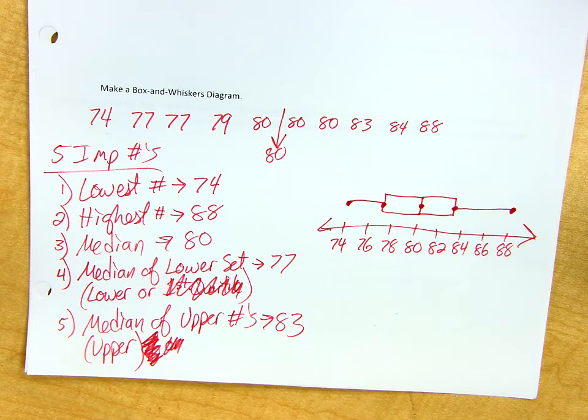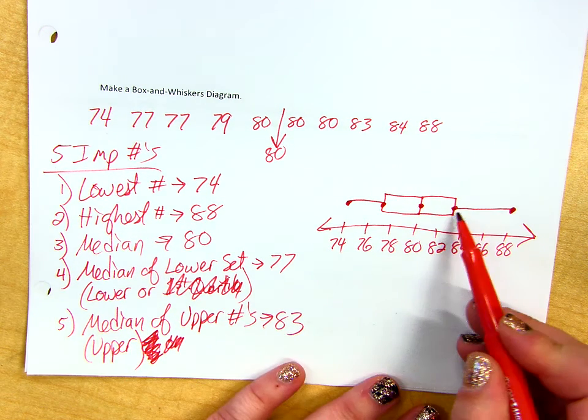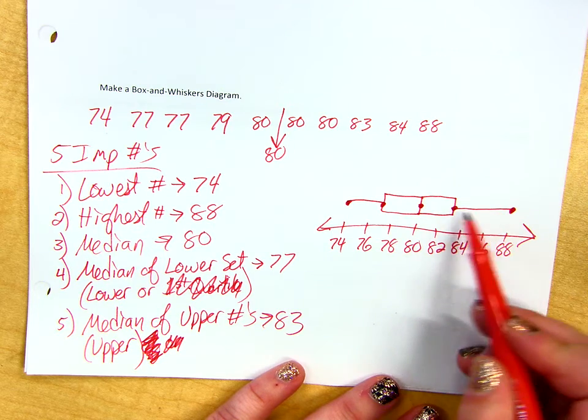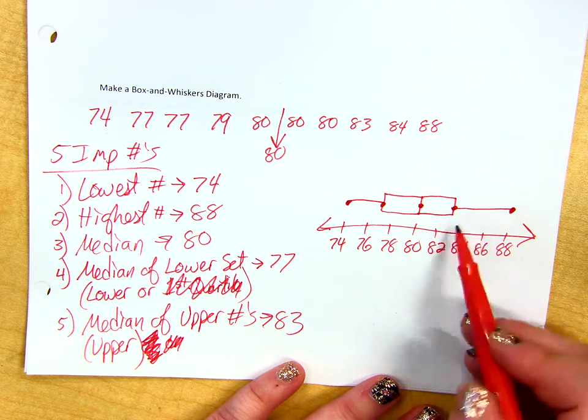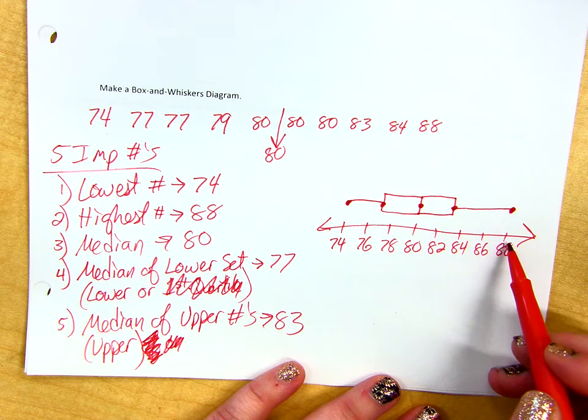What range of test scores did my top 25% of kids score between? Here's my top 25% of the class, and they scored between 83 and 88.